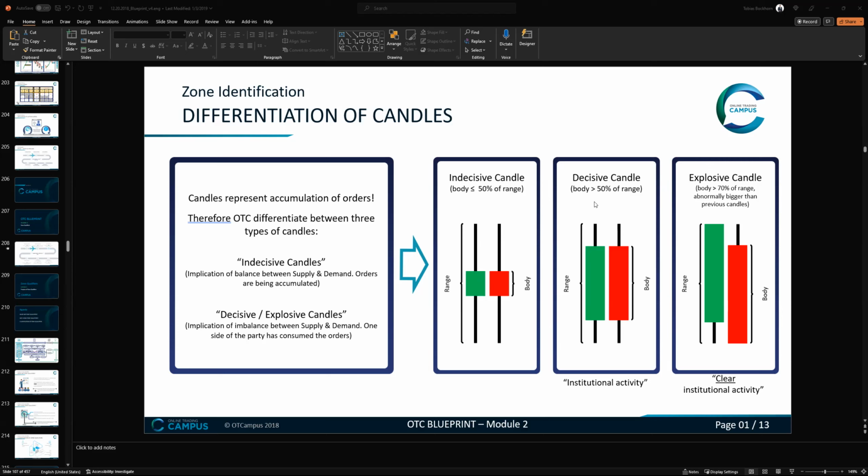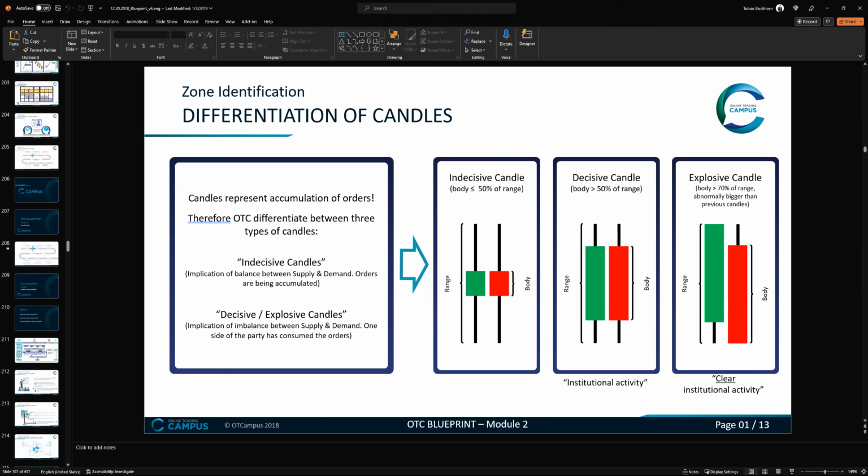The decisive candle has a full range and the body has more than 50%, and the explosive candle is more than 70% of the full range from the high to the low, or abnormally bigger than the previous candle. That is important.